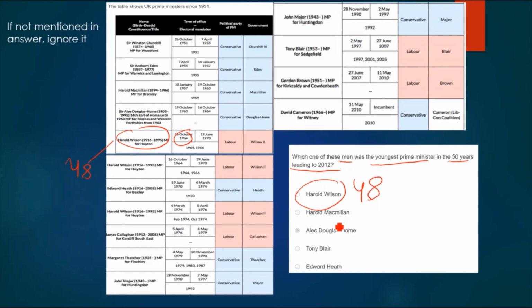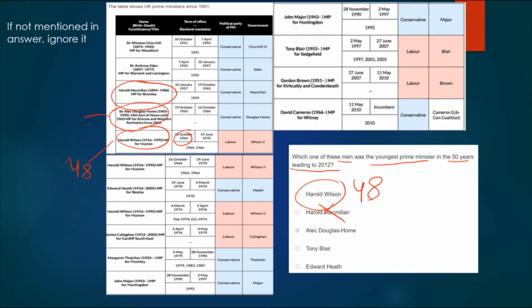Harold Macmillan, well, this is before. He's before 1962, so I can just rule Harold Macmillan out. He won't be one of the options. Alec Douglas Home, well, I would have a look for him. He's there, and he became Prime Minister in 1963, so I can count that in.